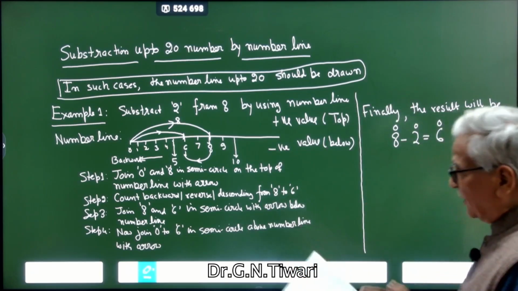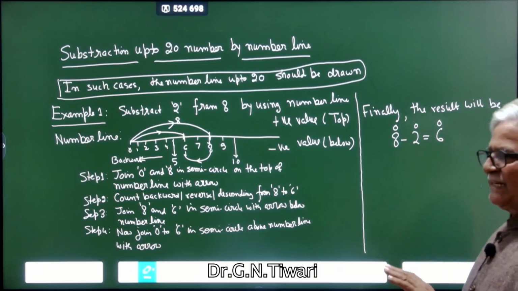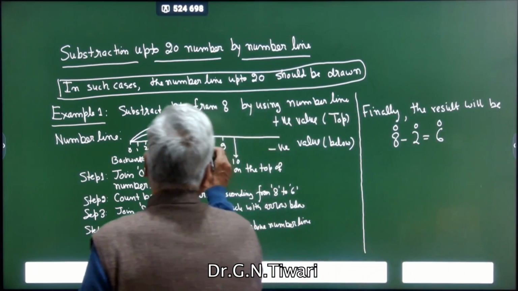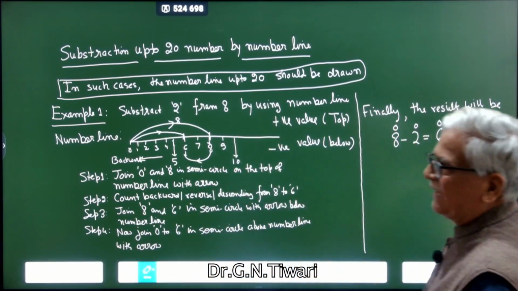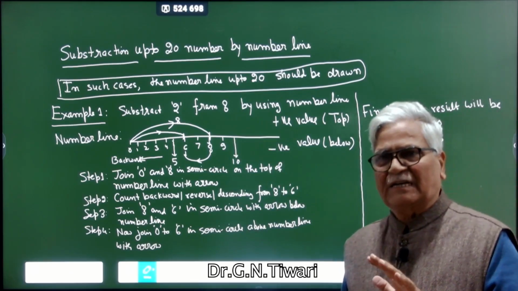This is the first method. Why have I repeated it? Because in the earlier method, I drew the line like this. So this is basically the correct way of doing the subtraction of a single digit on the number line.